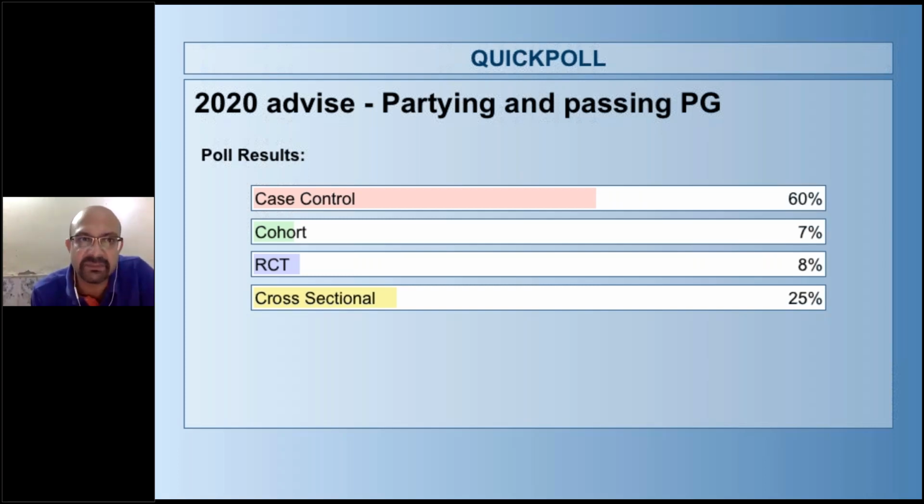But let's say एक batch previously अगर हम लें, we could easily ask them, divide them into 2 groups, those who have passed in first attempt and those who have not passed in first attempt, and try and ask them how many times they used to party in a month in the first year of their post-graduation, and try and associate with the outcome of clearing the PG in the first attempt. Cross-sectional design is possible in this case.